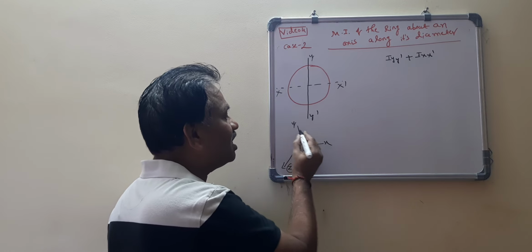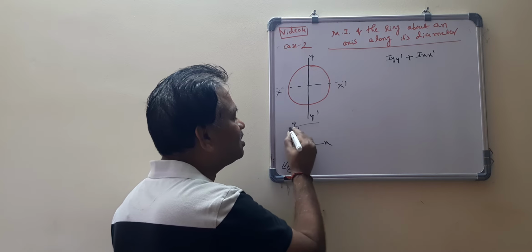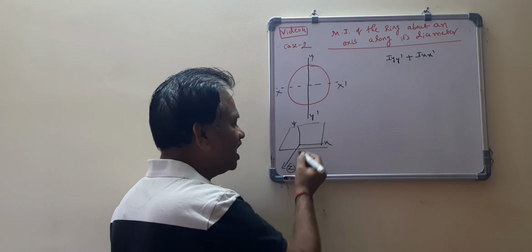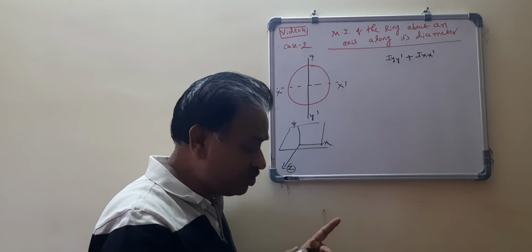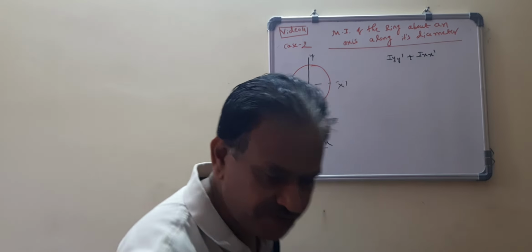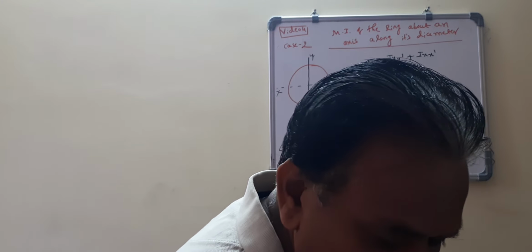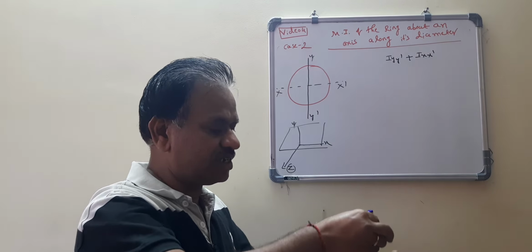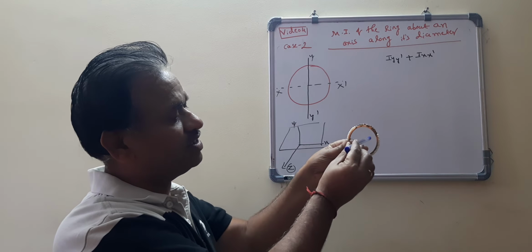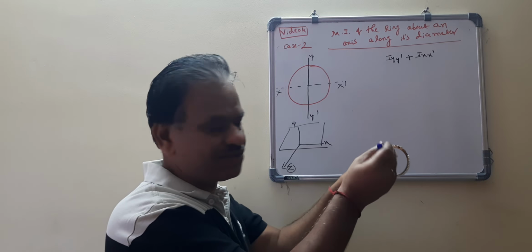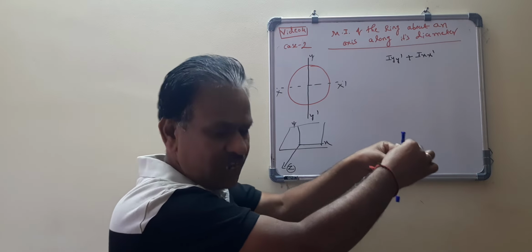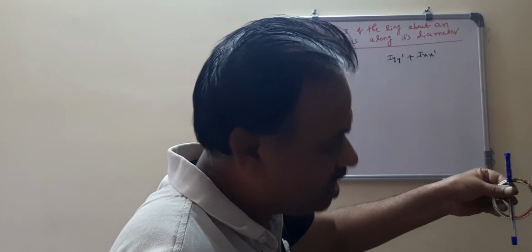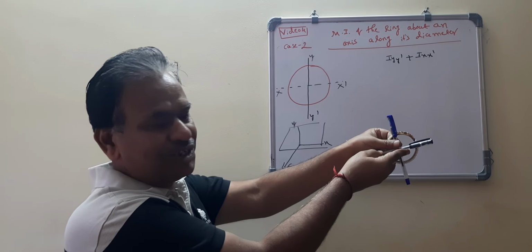And x and y are in one plane, and z is perpendicular to it. Just imagine: this is the z-axis, this is the y-axis, and this is the x-axis.